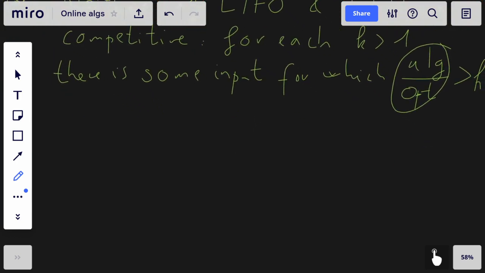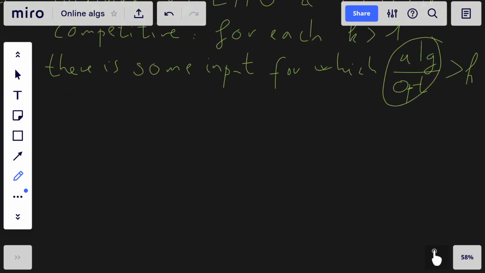So to prove these sort of things, we always construct the sequence of inputs and show that the ratio is divergent, so it just tends to infinity. So to do this, we explicitly give a sequence.